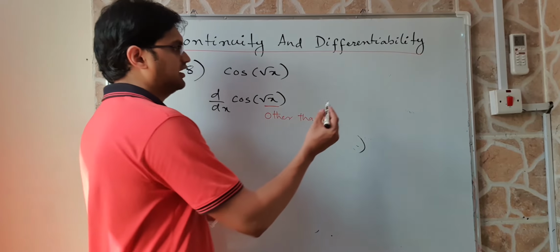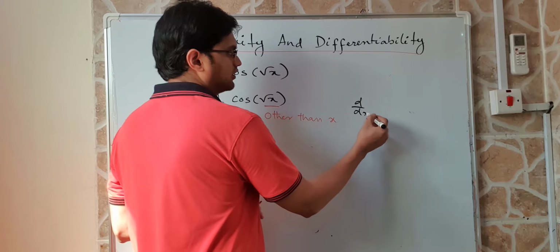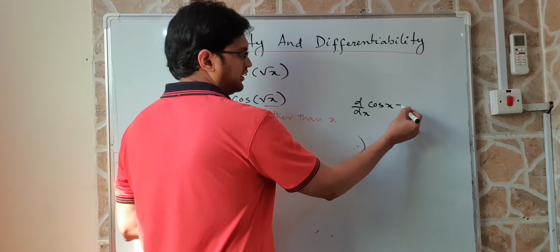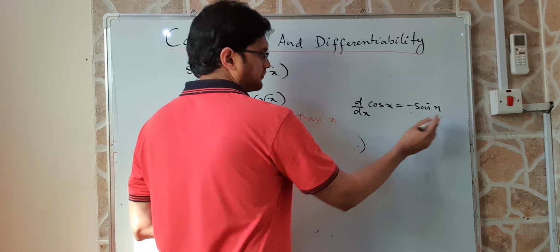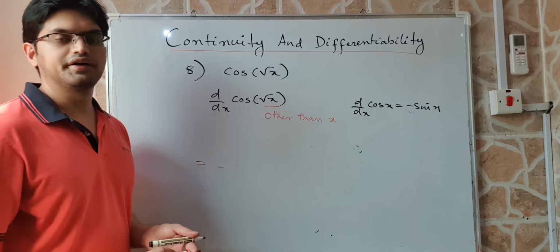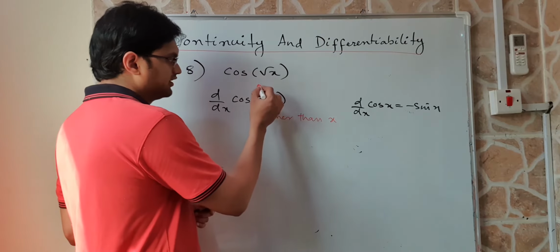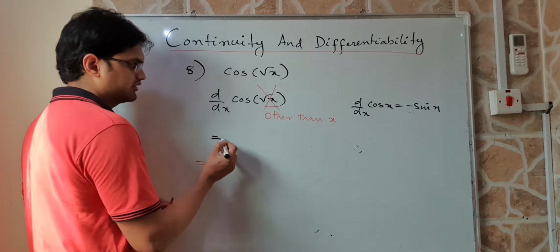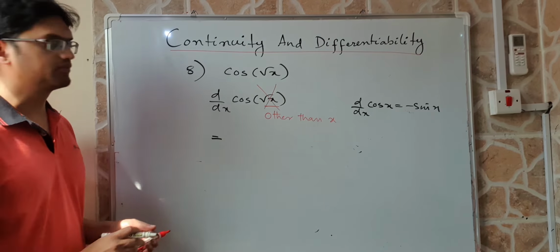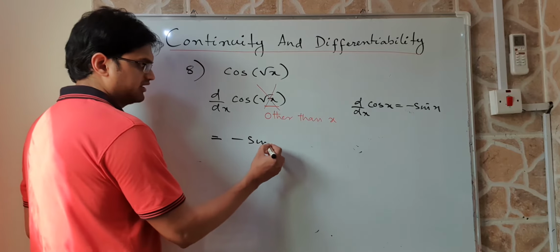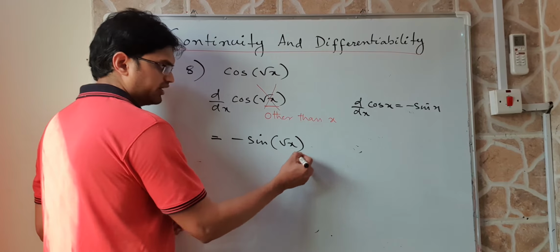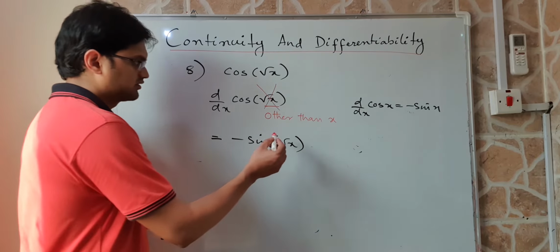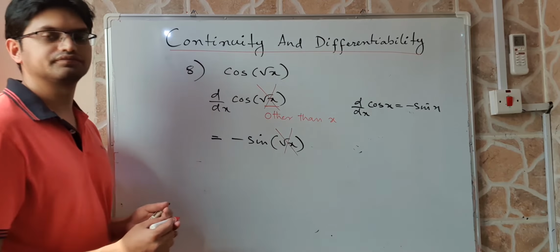Then first write what is the derivative of cos x. It is minus sin x. So this we will treat as x. So the derivative of cos x is minus sin x. So minus sine of root x, which I'll call x.